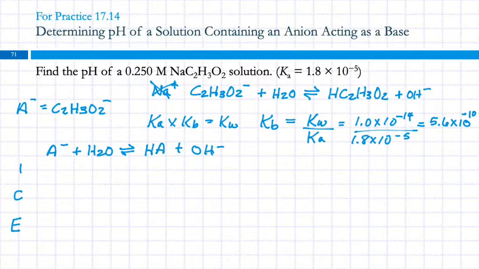Okay, so we have the concentration of this A minus, the anion. This is the initial concentration, so 0.250 of that. Again, the water doesn't matter because its concentration doesn't change. And the initial concentration of that acid is 0 and the hydroxide is essentially 0.